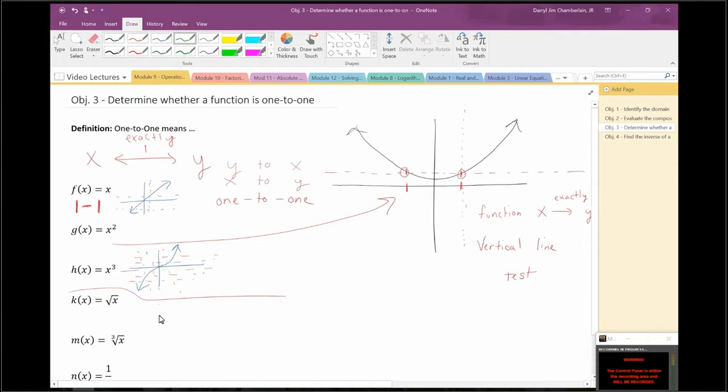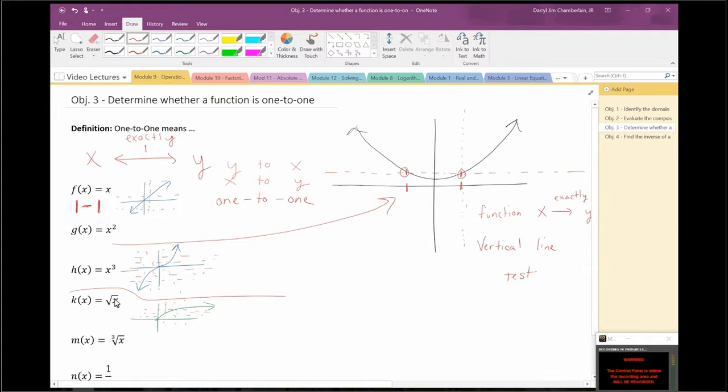All right. So then now we look at the square root of x. And while it may not look like it, it also passes the horizontal and vertical line tests.